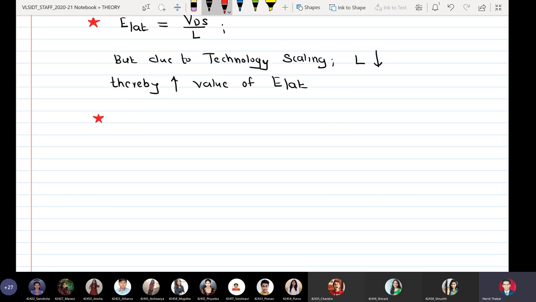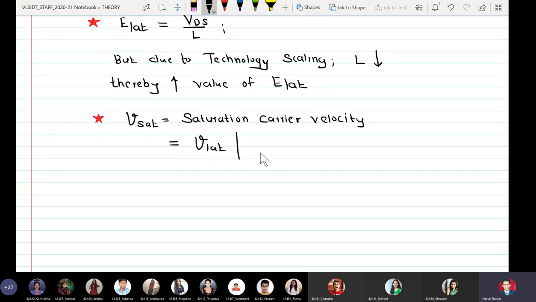We can say that V sat is called the saturation carrier velocity, which is equal to the lateral velocity for E lat equal to E sat.